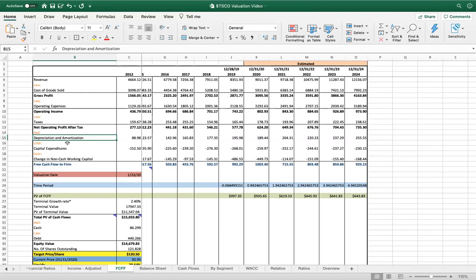These are the items that will impact the cash flow levels. Starting from the operating profit, we subtract the capital expenditure and the change in non-cash working capital to get the free cash flow to firm. For the next 5 years, we get the projections of the FCFF.